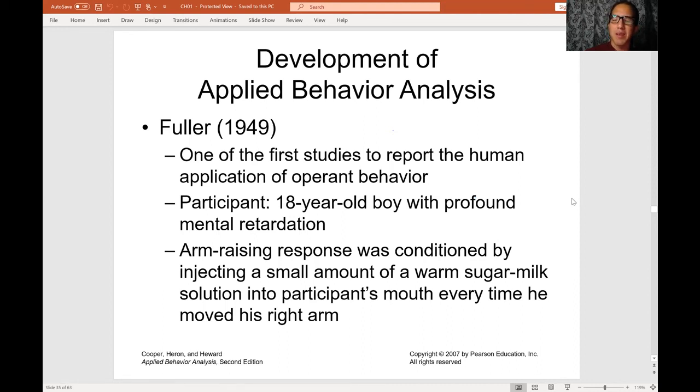But this was one of the most powerful demonstrations of how the philosophy, the basic research came together in order to create this change, right? He uncovered the variables of the behavior of raising his arm, and he used it to teach him to do that. It's very powerful.